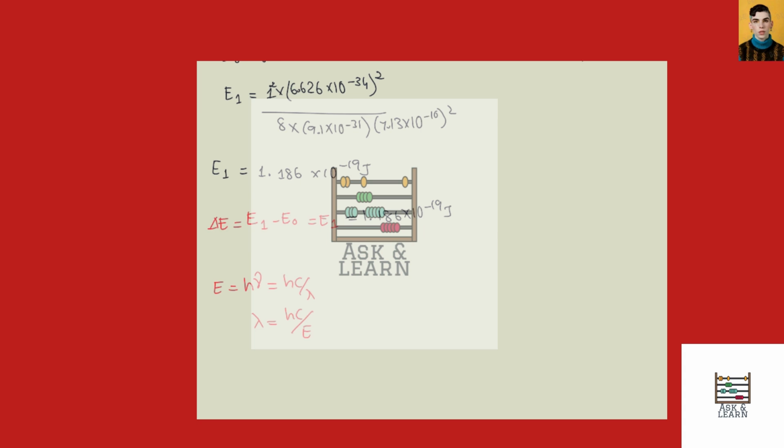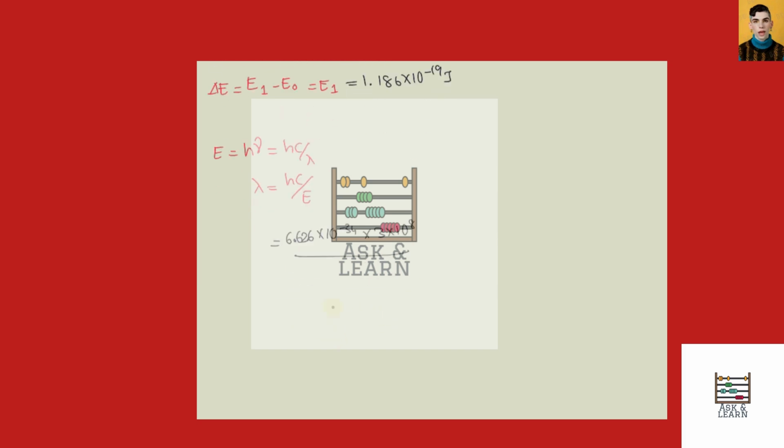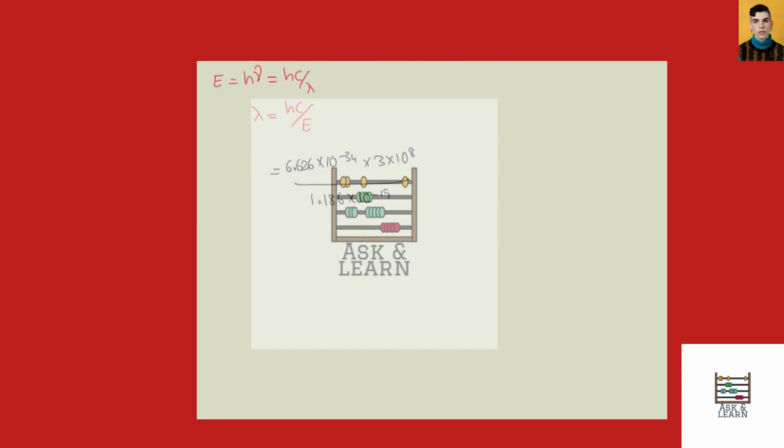Substituting the values, h is 6.626 into 10 to the power minus 34 and c is 3 into 10 to the power 8, divided by the energy, 1.186 into 10 to the power minus 19 joule. On solving this, we find that the wavelength corresponding to this is 16.761 into 10 to the power minus 7 meter.